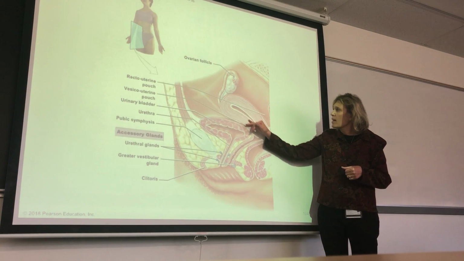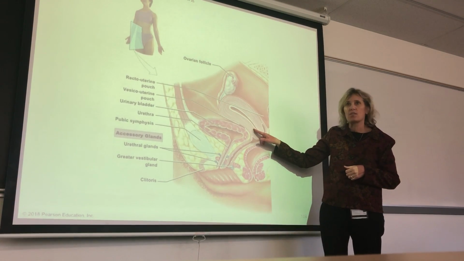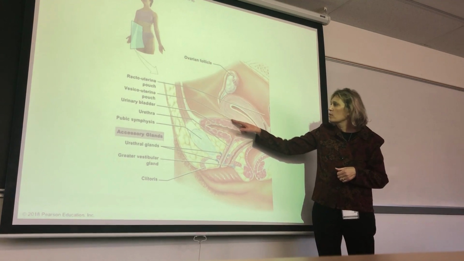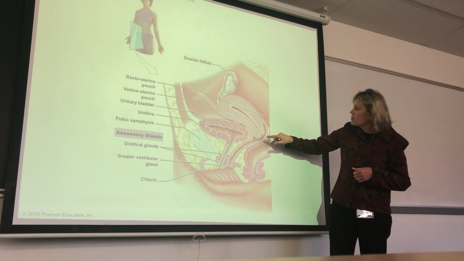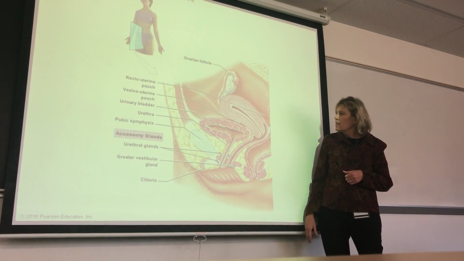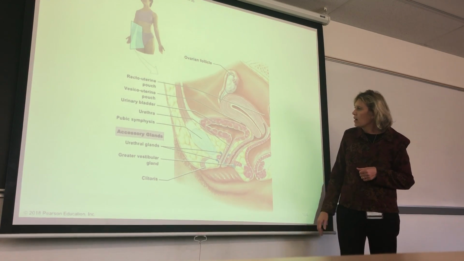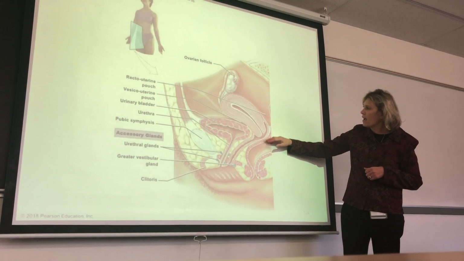In the uterus, we have the inner lining, which is the endometrium, the middle lining, which is the myometrium, and the outer layer, which is the perimetrium. The uterus narrows down at an area that we call the cervix, and then there's an opening. We'll look at a different diagram to see that.